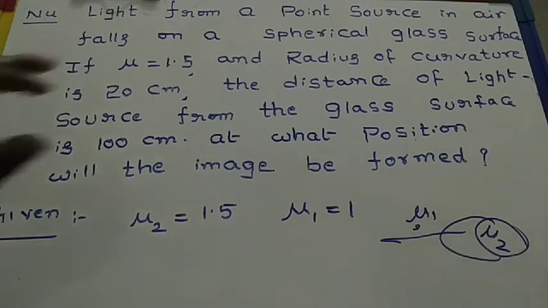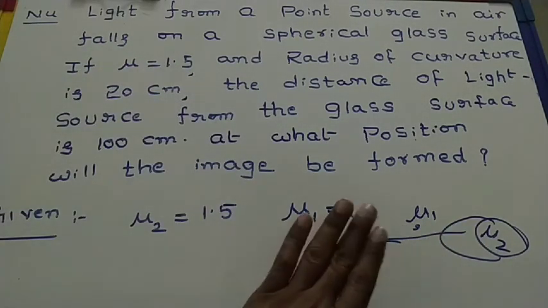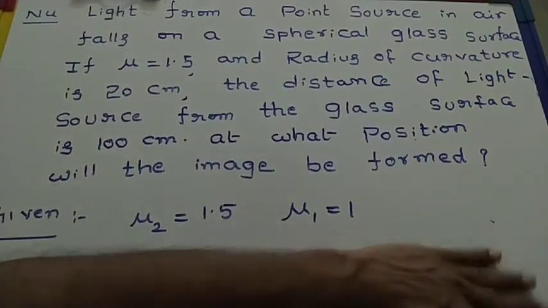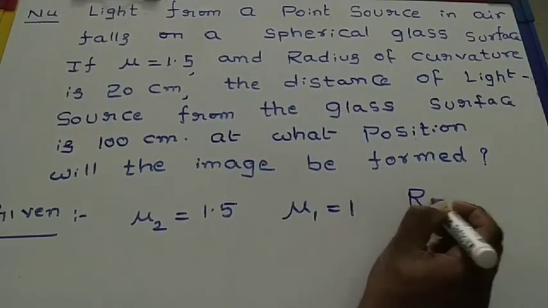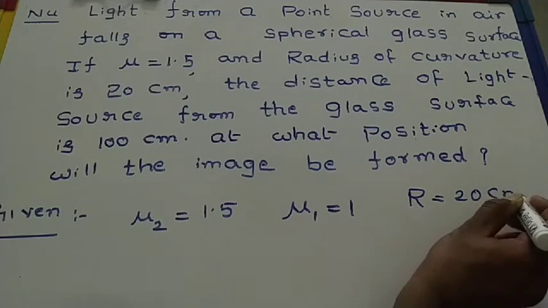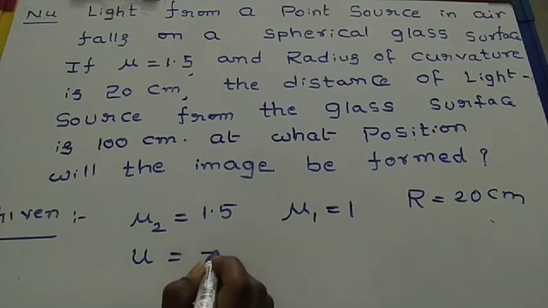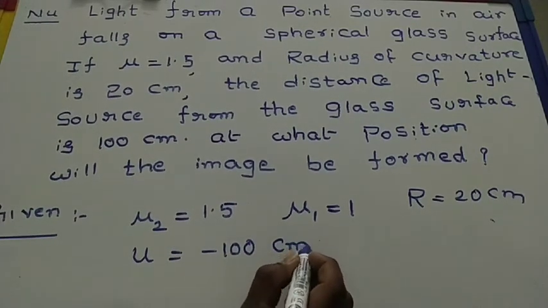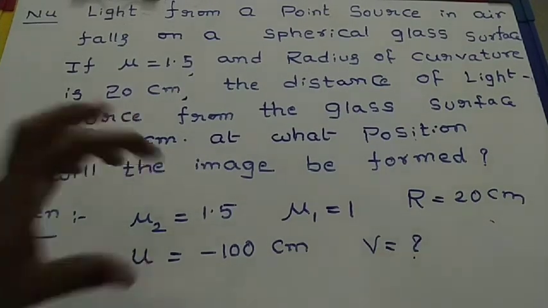This value is given by the examiner. Obviously here mu1 is equal to 1. Okay? Remember that point. Now, R is equal to 20 centimeters and U is equal to minus 100 centimeters. Now, what is V? This is the question.